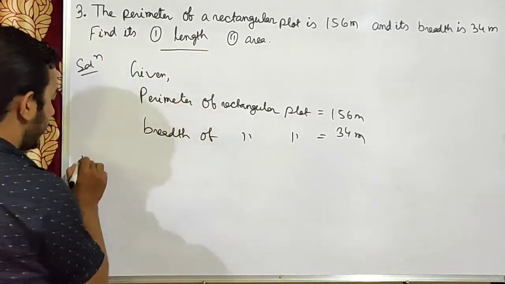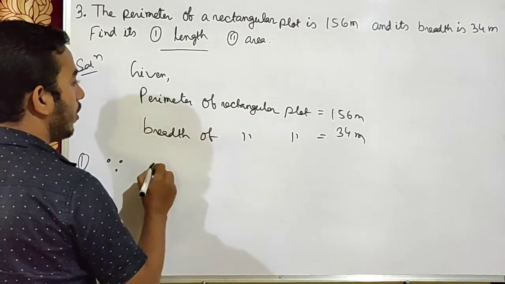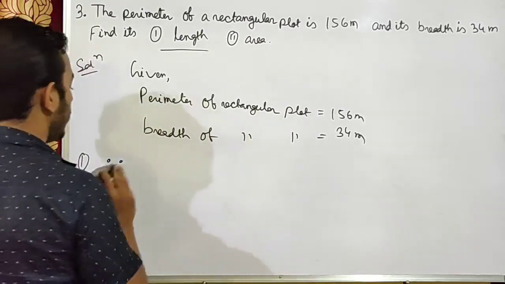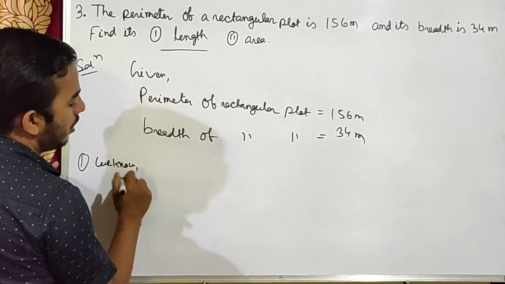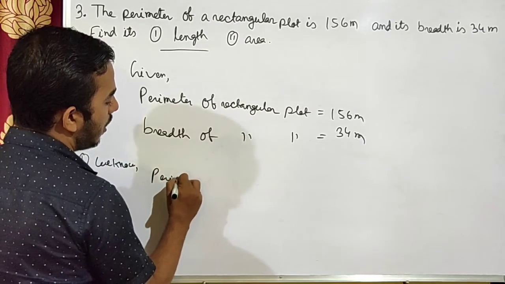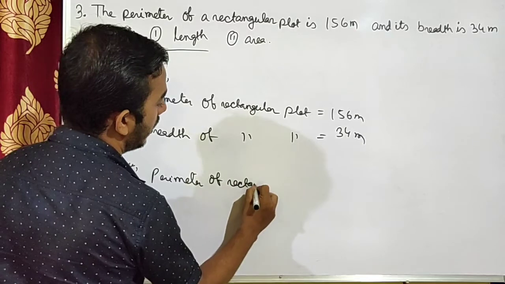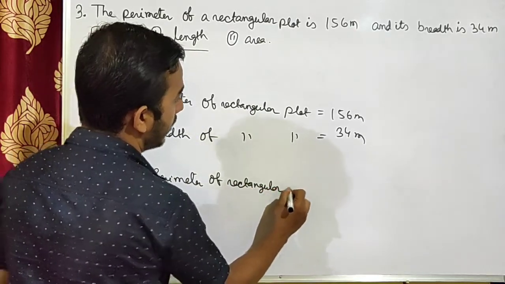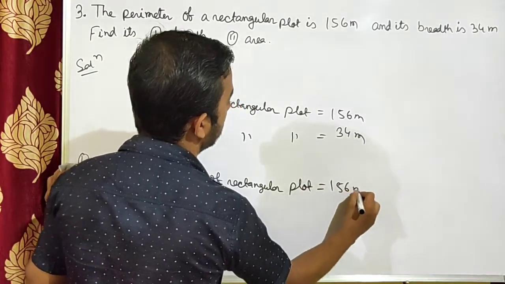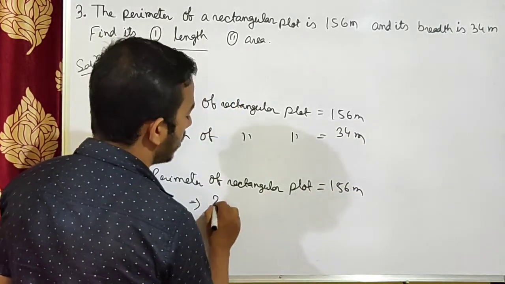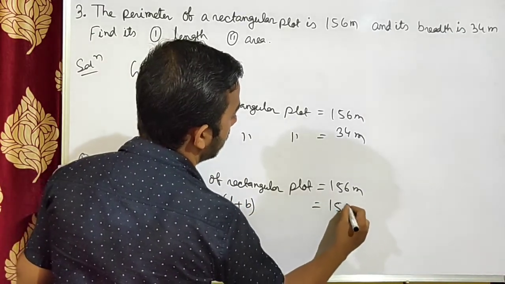So we will write number 1: we know perimeter of rectangular plot equals 156 meter. Now perimeter of rectangle is what? 2 into (length plus breadth) equals 156 meter.